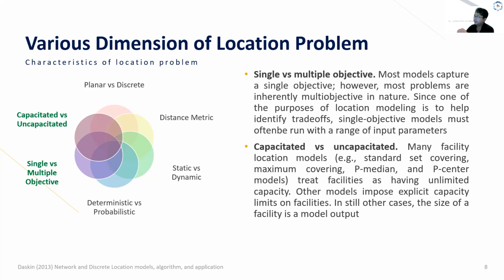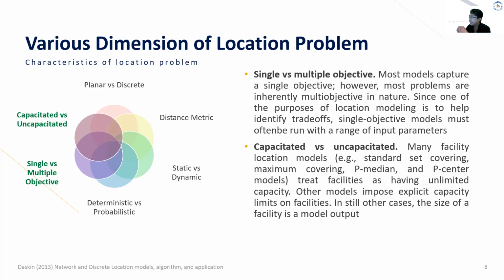One is maximize demand, another is minimize the number of facilities. So there is more than one objective being traded off with each other. This type of problem is classified as a multiple objective problem.